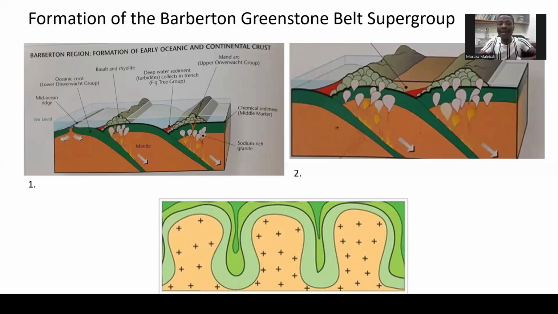But remember, we are still having the sediments, right? The sediments wedged or trapped between these island arcs.